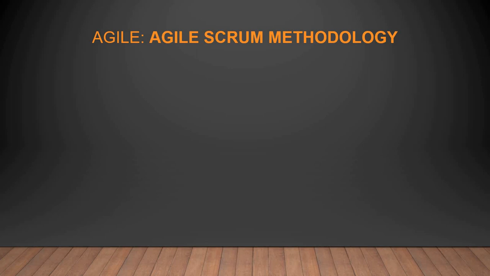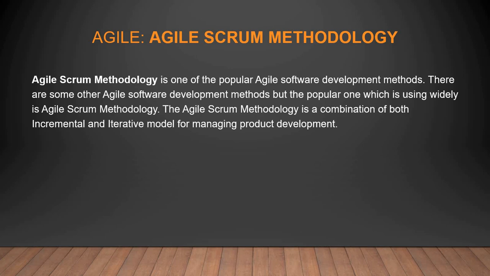Next one is agile scrum methodology. In today's scenario, we use agile scrum methodology very much. This is the famous methodology nowadays. So what is agile scrum methodology? It is one of the popular agile software development methods.